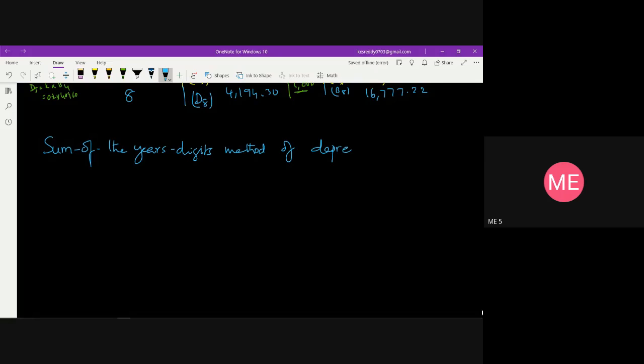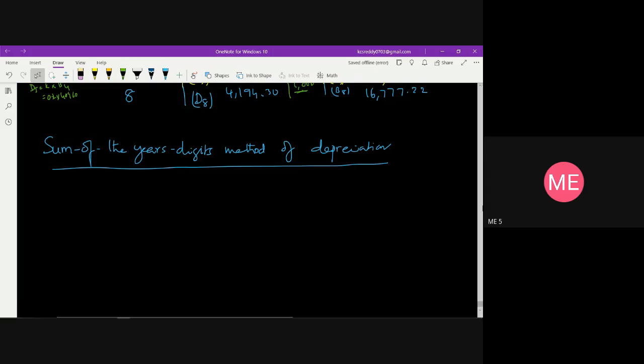Till now we discussed two methods: one is the straight line method, the other is the declining balancing method. The third one is called the sum of the years digits method of depreciation.